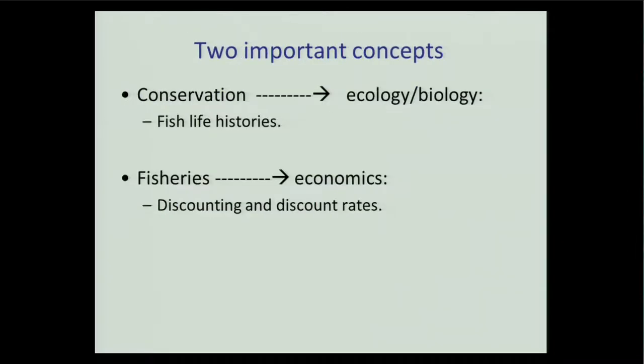So, two important concepts. Conservation is about ecology, right? You want sustainability. So that's the biology side as we formulate it here. And we use only one parameter of life histories to do this simple indicator. It's crazy.